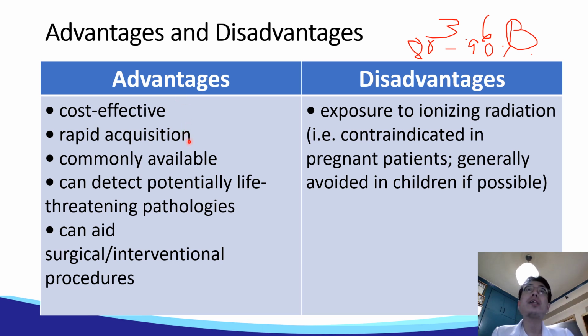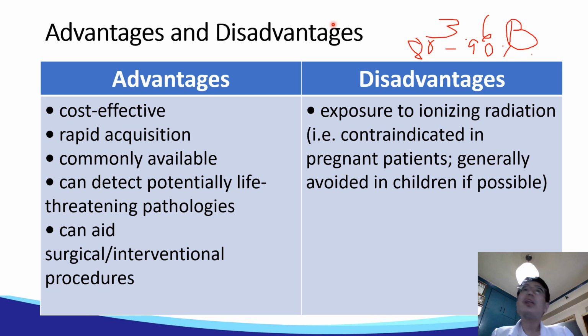Acquisition of X-rays is faster compared to other tests. Many healthcare facilities, such as small clinics, have an X-ray machine, and X-rays can detect potentially life-threatening pathologies, such as pneumothorax and pulmonary embolism.